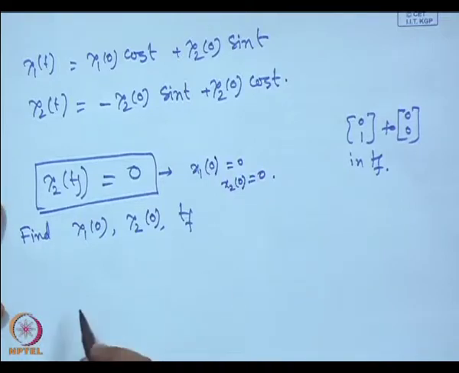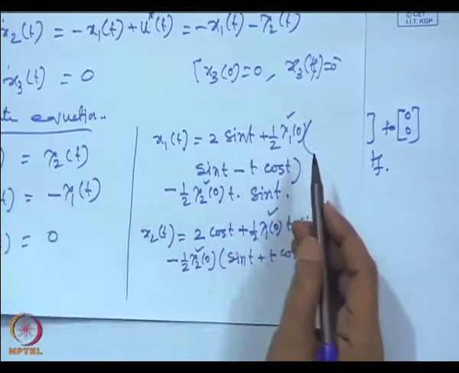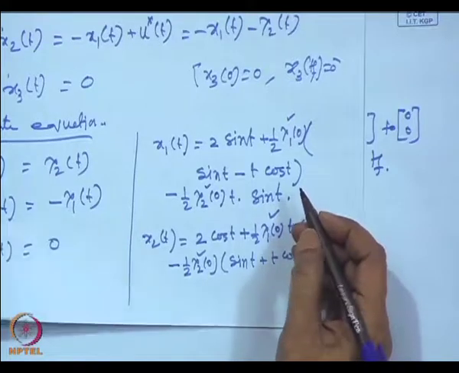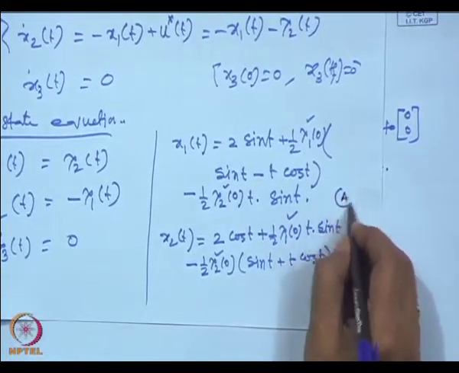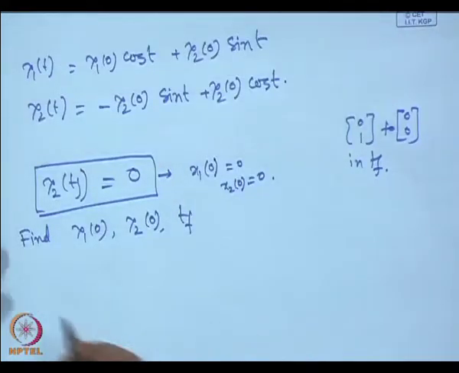So now use x1 of t is equal to 0 in this equation. Let us call this equation A and this equation B. Agree?